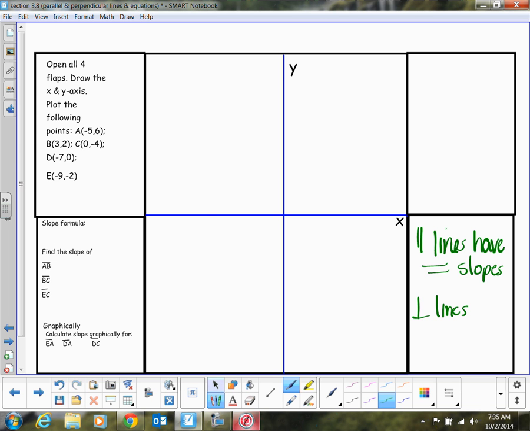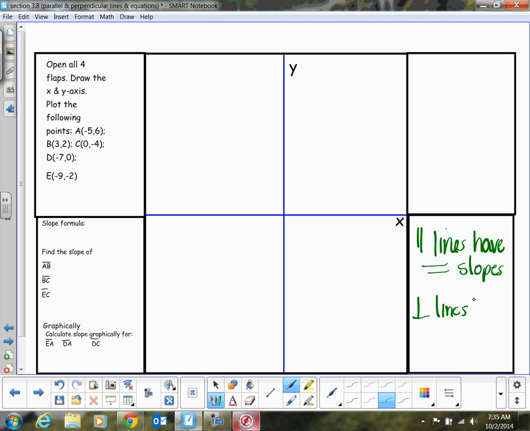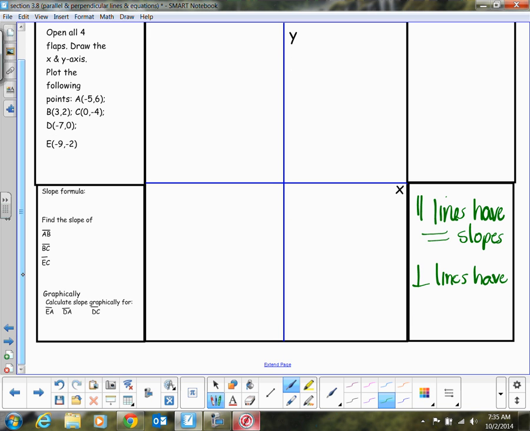Then we've got perpendicular lines. What do we have to remember about perpendicular lines, Caitlin? Talk to me about slope. You should have just written it, you wrote it yesterday also.